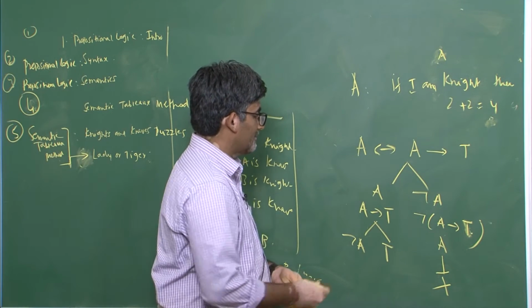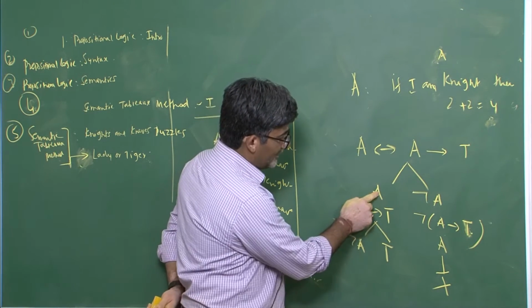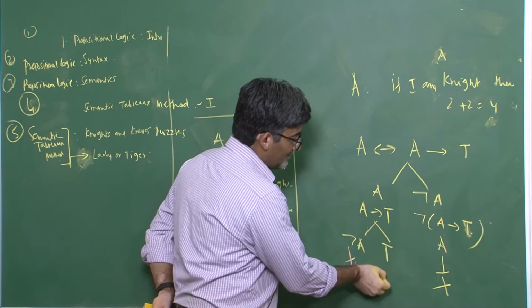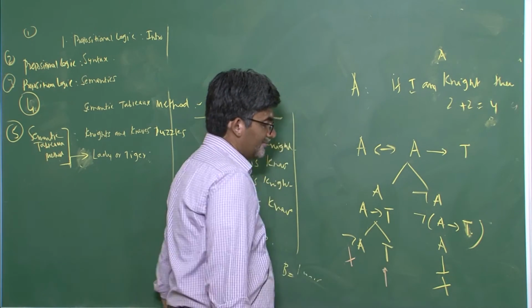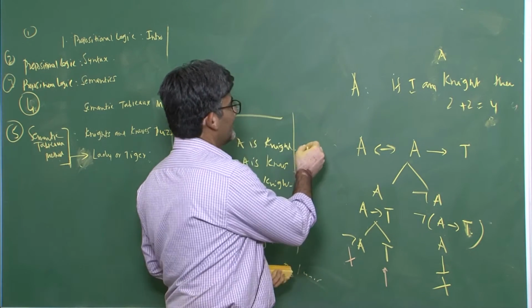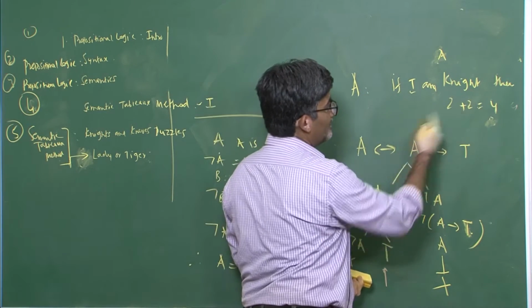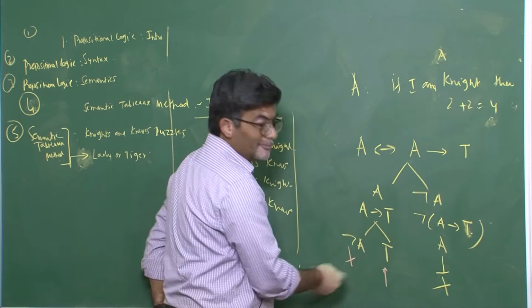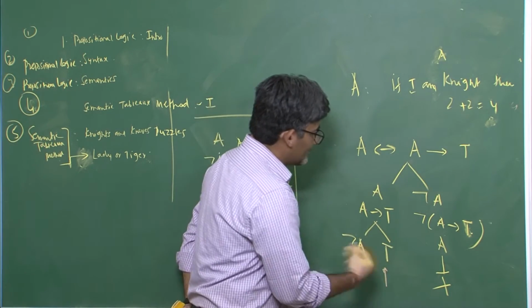And now coming back to these things. You have A here and you have not A here, this branch also closes. So now the only branch here is this thing. We have this particular kind of solution where A says if I am a knight then 2 plus 2 is equal to 4. From the open branch you can find out what is what.